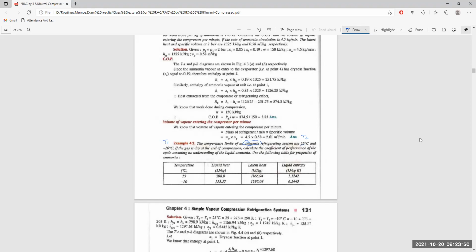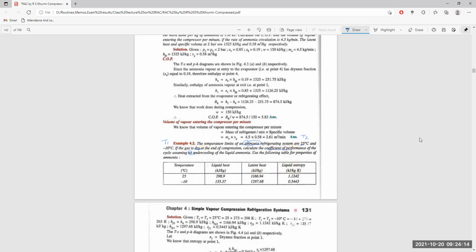Another condition is given: the gas is dry at the end of compression. Now we have to calculate the COP of the cycle, assuming there is no undercooling of the liquid. Use the following table for the properties of the ammonia.